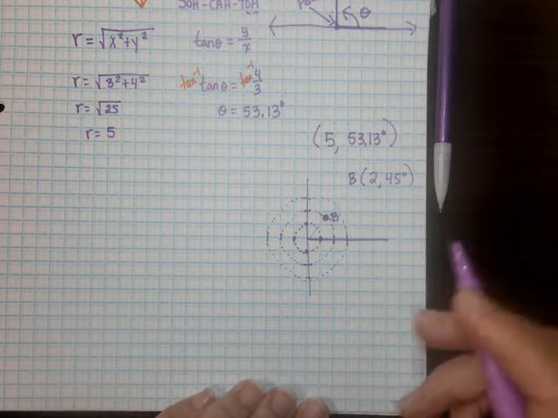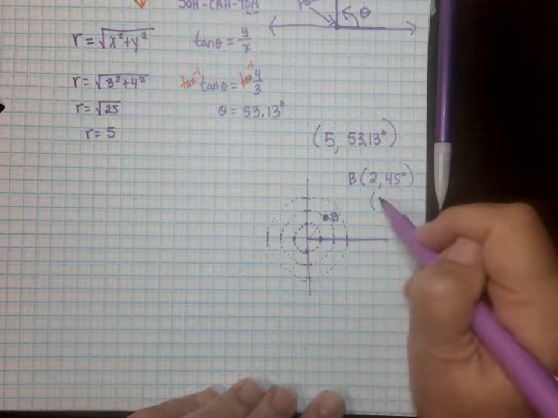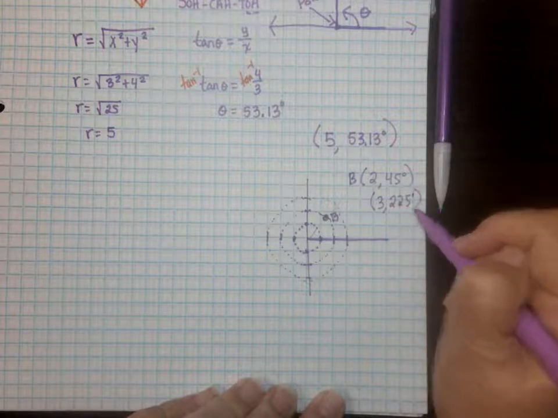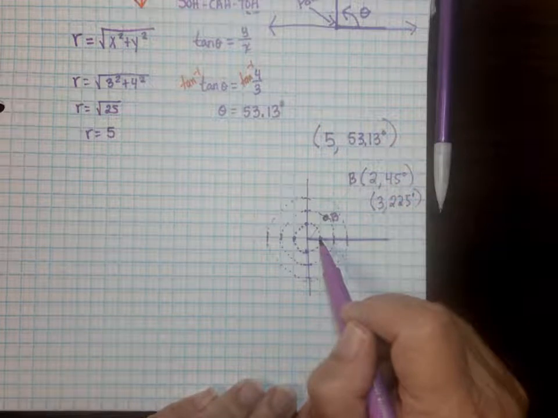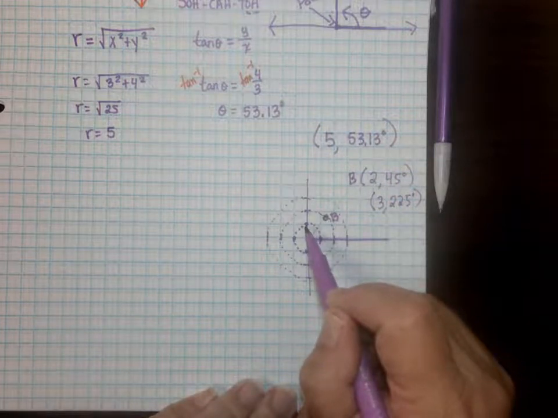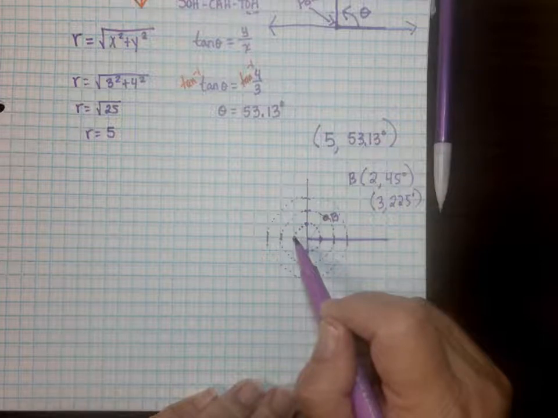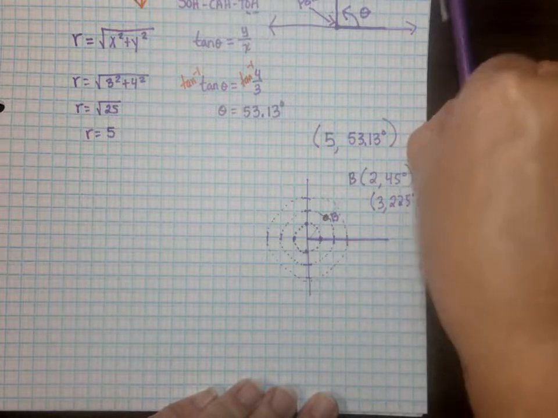All right, so what if I wanted to graph the point (3, 225 degrees)? So again, I'm going to measure counterclockwise. Here's 90, here's 180, and hopefully from your unit circle, you're used to thinking, oh, 225, that's 45 degrees past 180, right?